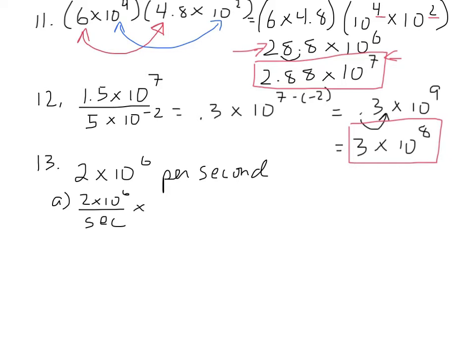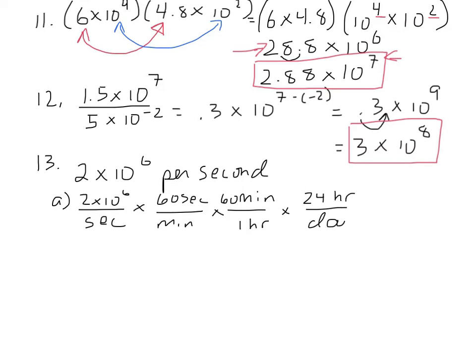So first I'm going to get 60 seconds over 1 minute, and then I have to get rid of minutes, so I have 60 minutes in 1 hour, and then I need to get rid of hours, and there are 24 hours in one day. You'll see that my seconds will cancel out, then my minutes, my hours, and my final answer will be some number per day.